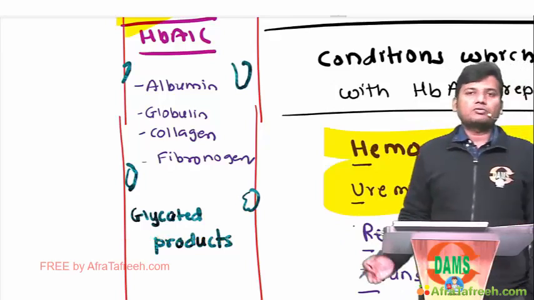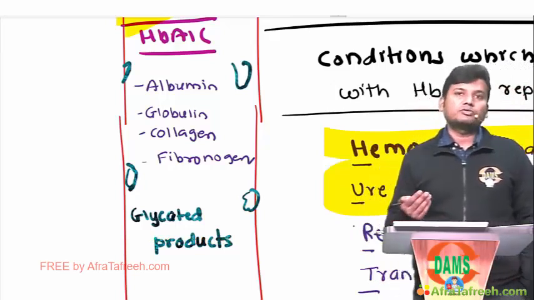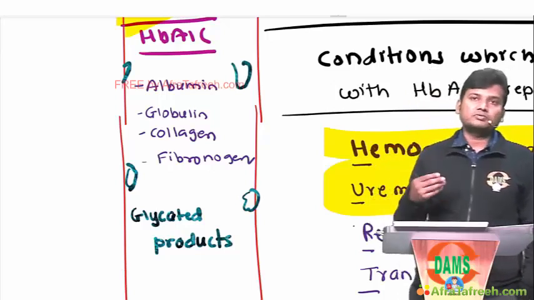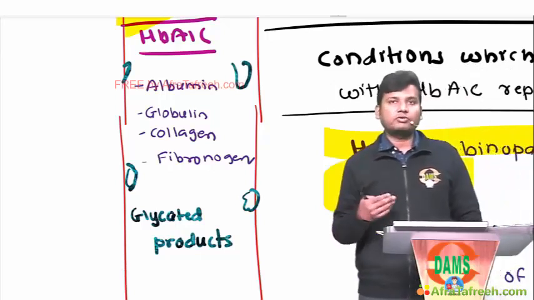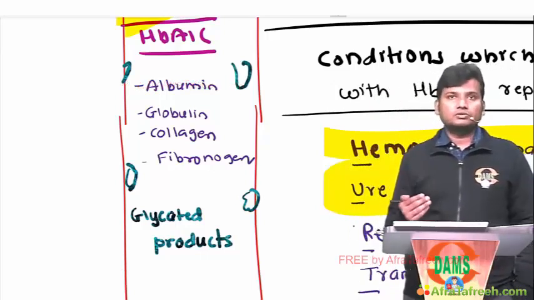Now we have diagnosed the patient with diabetes. After diagnosis, we want to treat the patient, and before treatment we should know what our goal of treatment is, what we want to achieve. So first we will write the treatment goals in diabetes.